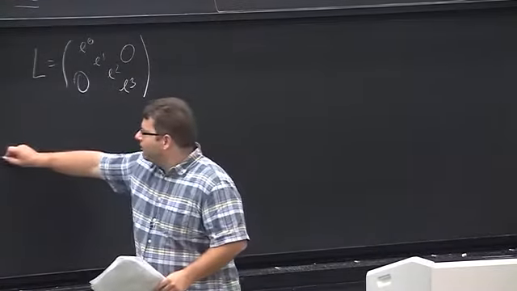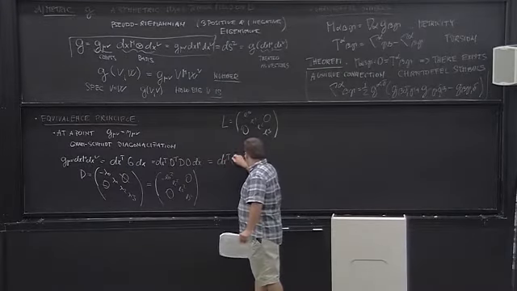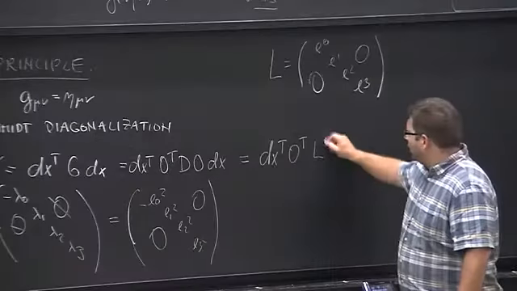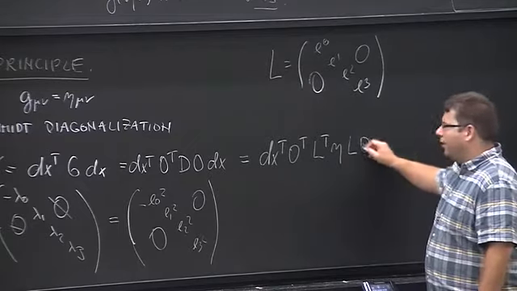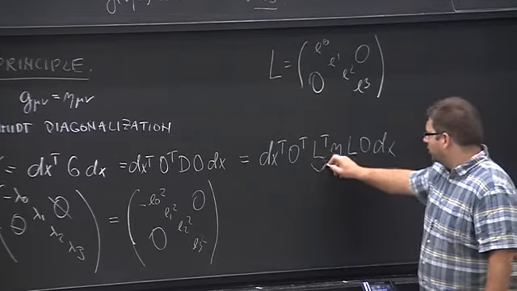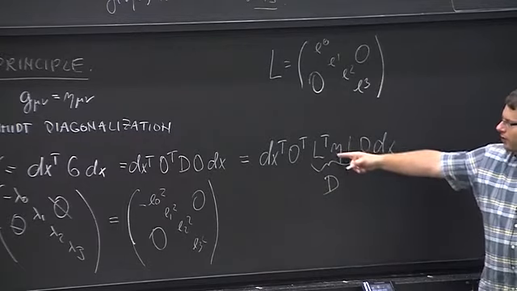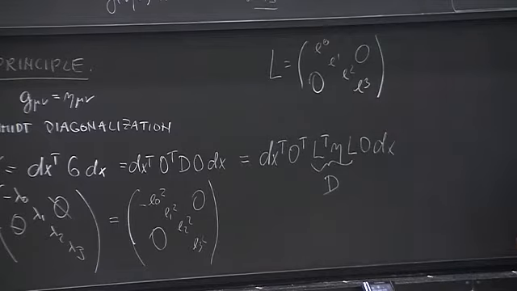Okay, so if I continue writing this, I can write it as dx transpose, O transpose, but now I write the diagonal as L transpose, my Minkowski metric, L, O, and dx. So this is what the diagonal was. Now I'm taking the square root of that. I'm preserving -1, and then if you multiply by L, this is what it is.